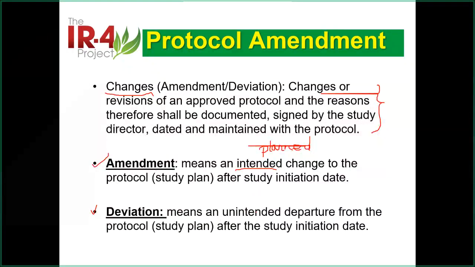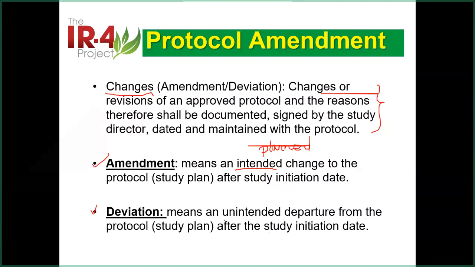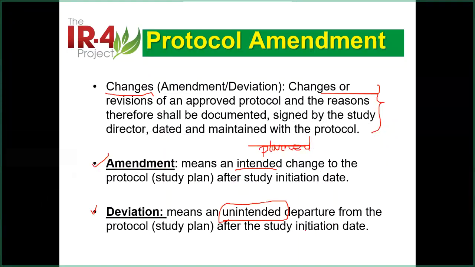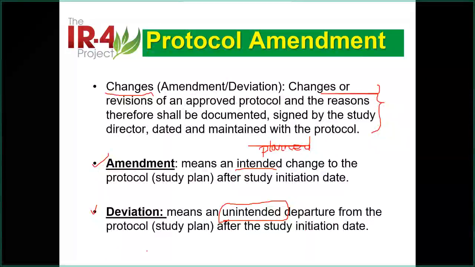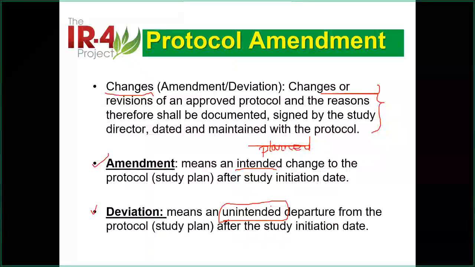If you did something not exactly the same as the protocol, it has already happened, and that is not an intended activity. In this case, it's deviating from the main purpose, then it's a deviation. But sometimes it's just in the middle. It's okay, it's the study director's call how you handle that.